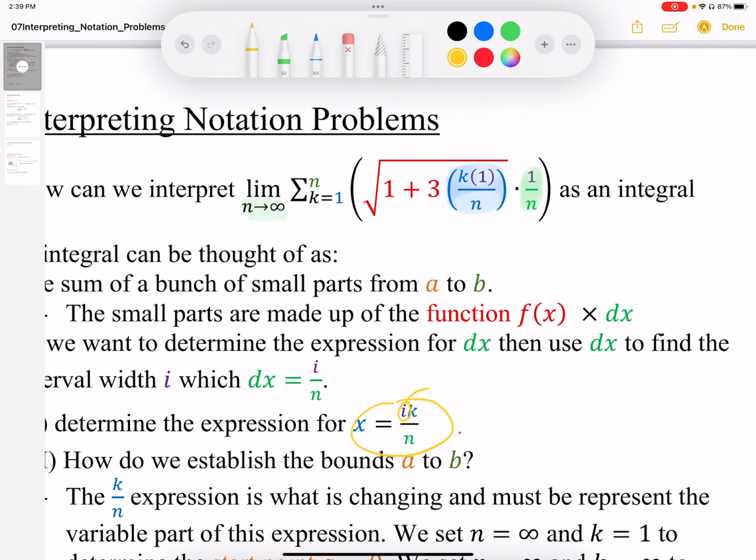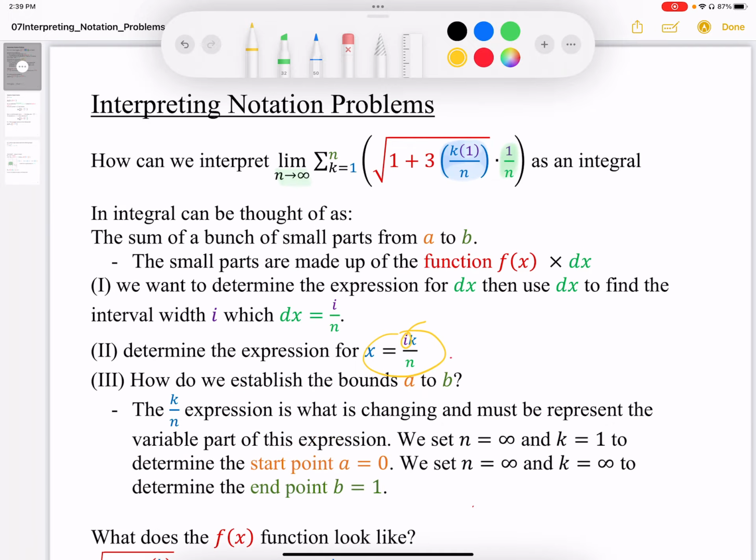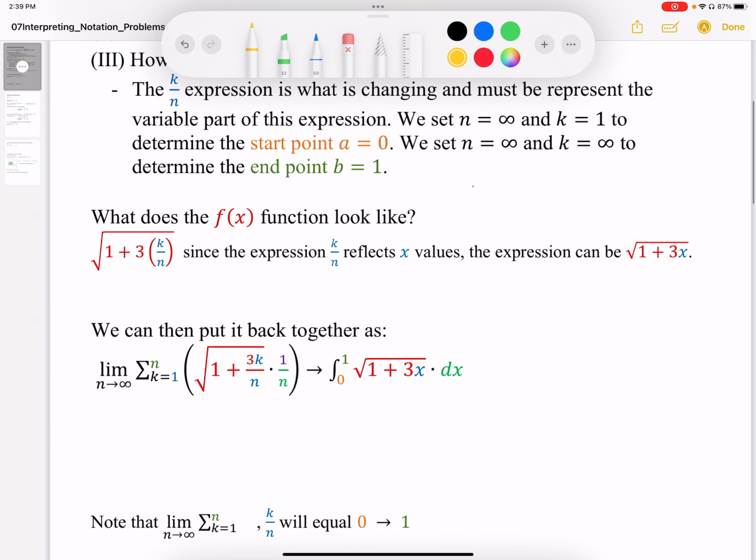The green represents our dx. Then we have the f of x times dx part of that expression. So we end up with our f of x when we replace the k over n with x, and replace the interval width divided by n with the dx part.